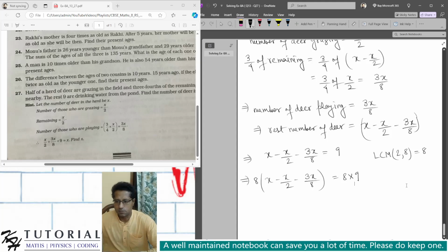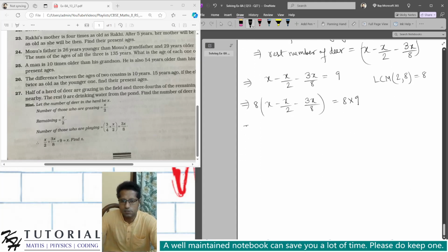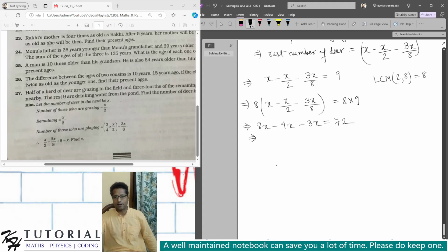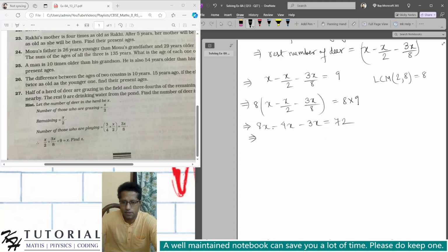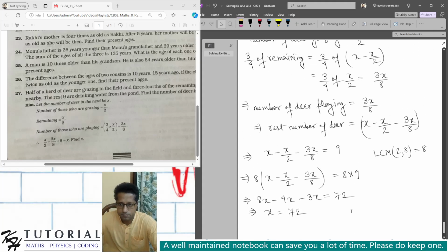If you do the product and open the brackets on the LHS, we get 8x minus 4x minus 3x is equal to 72. If you further simplify, adding the x terms, we get 8x minus 7x, that is x, is equal to 72.